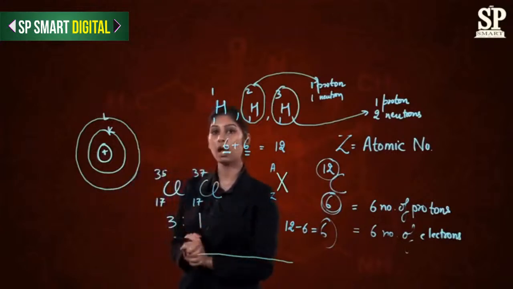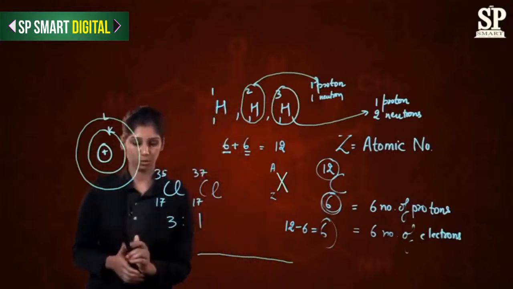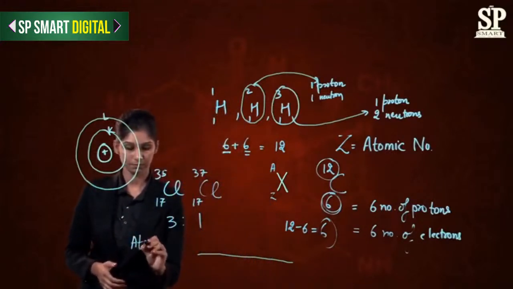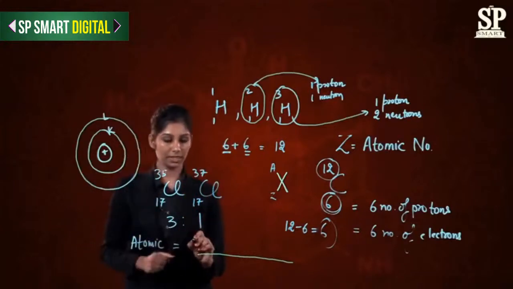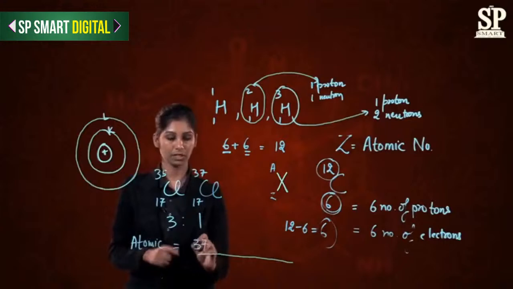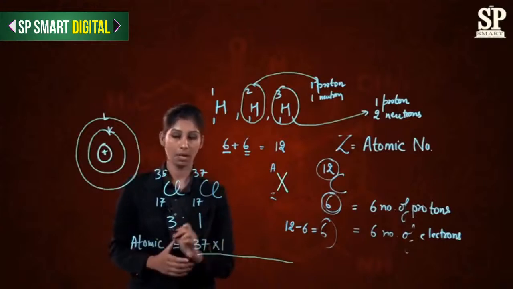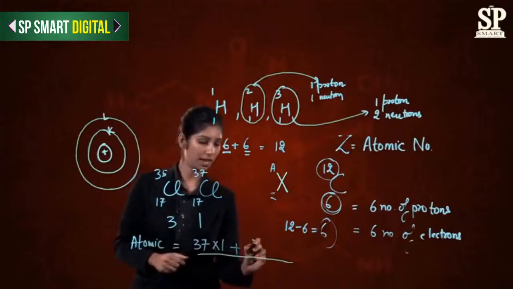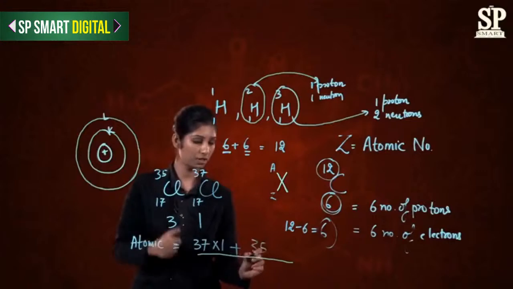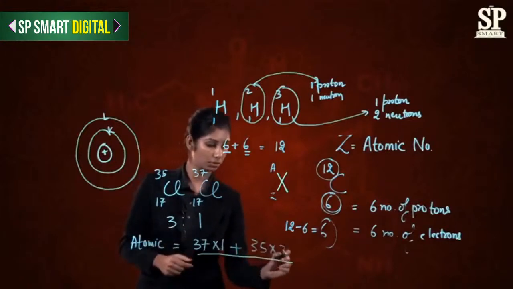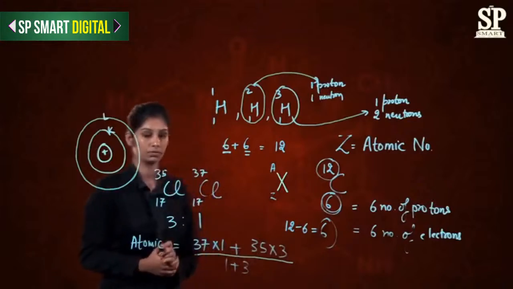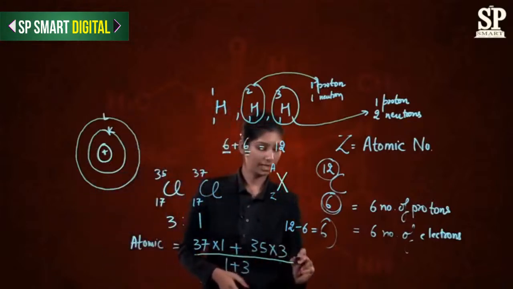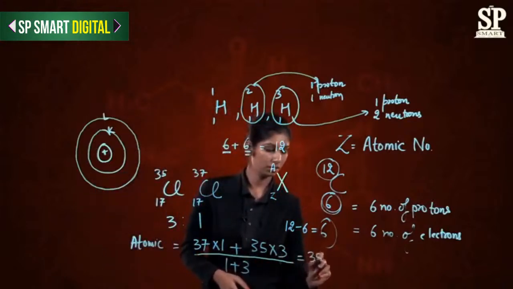So the atomic mass will be 37 into its ratio plus 35, the mass number of another isotope, into its ratio, divided by the sum of the ratio. If you calculate, this will come to be 35.5 U.